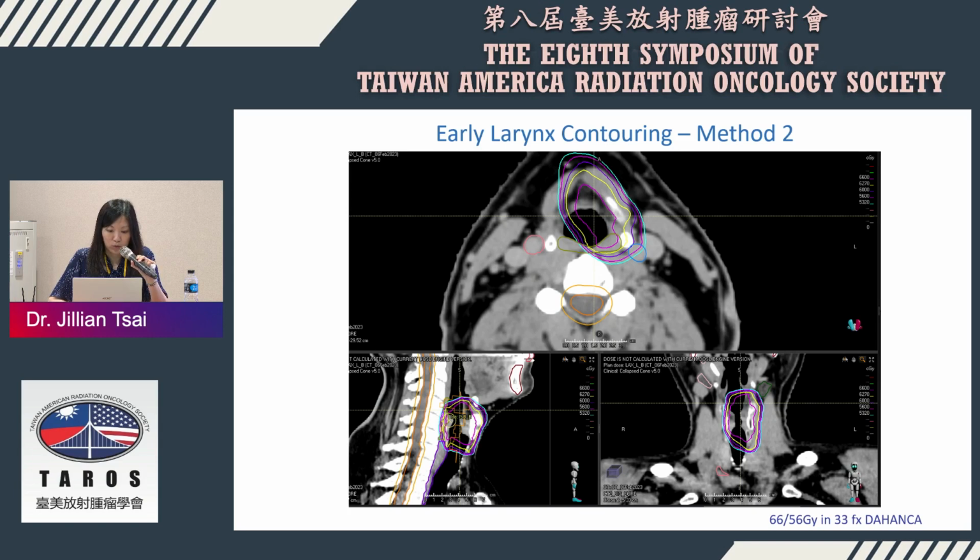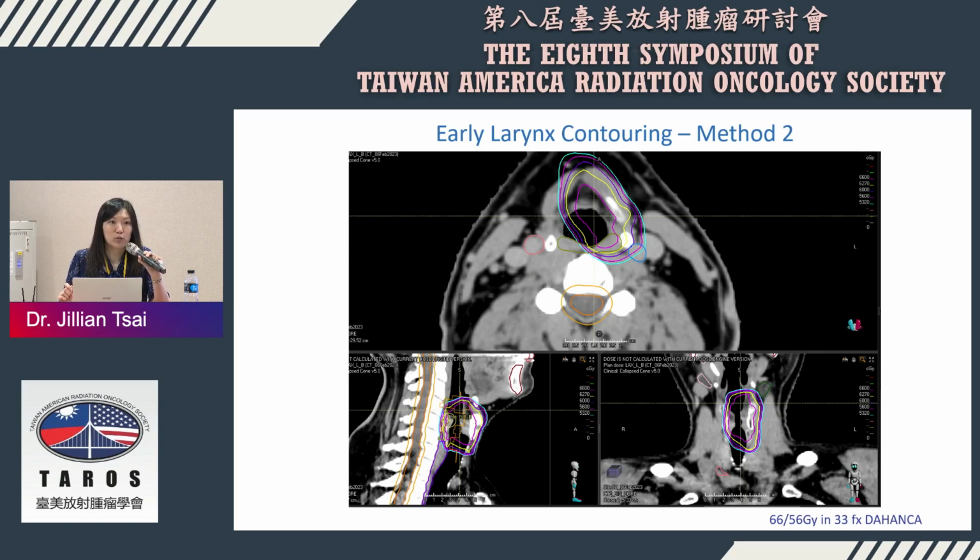But what you're really seeing here is that the patients are tolerating more oral diet with the pain management. And the regimen they use at Princess Margaret is 66 gray in 33 fractions, the HN.5 for T2. Okay, so I know everyone is a bit different. So this is another method.